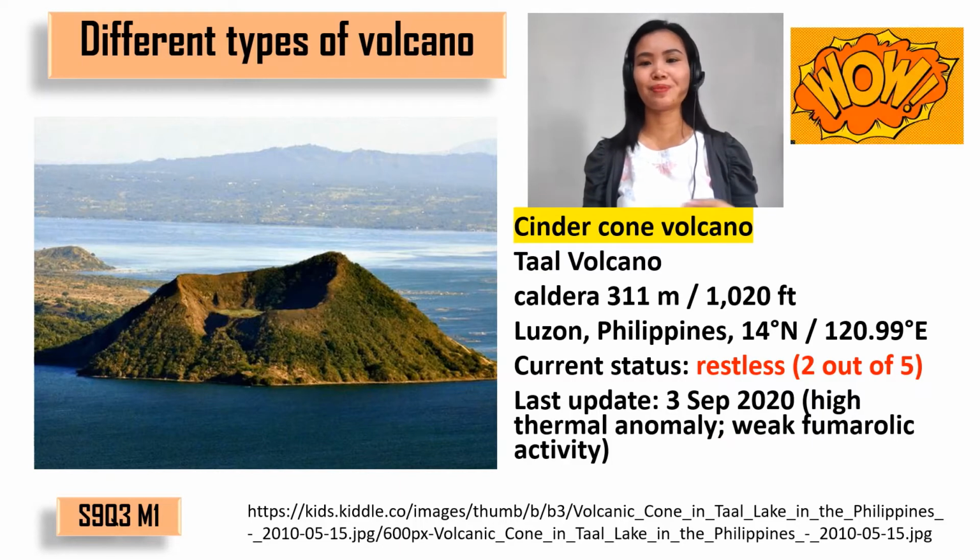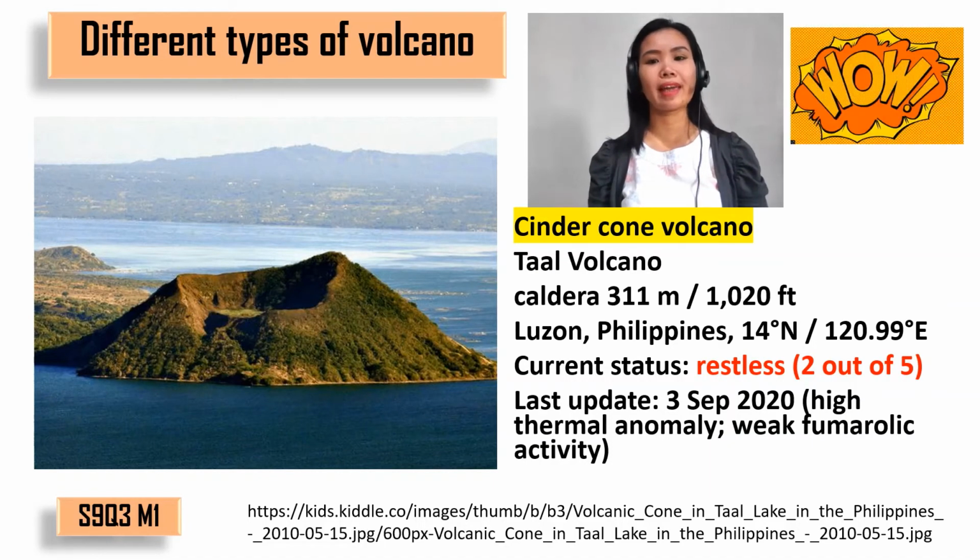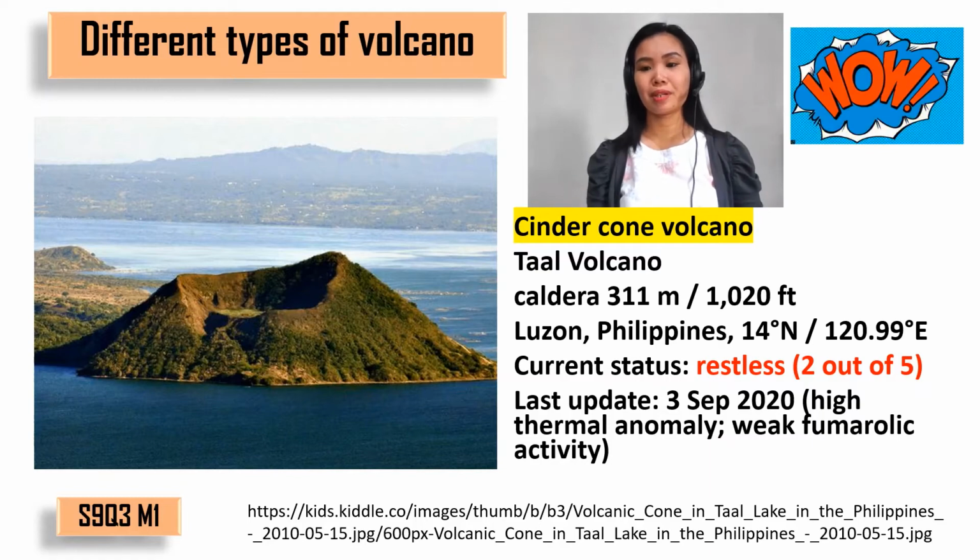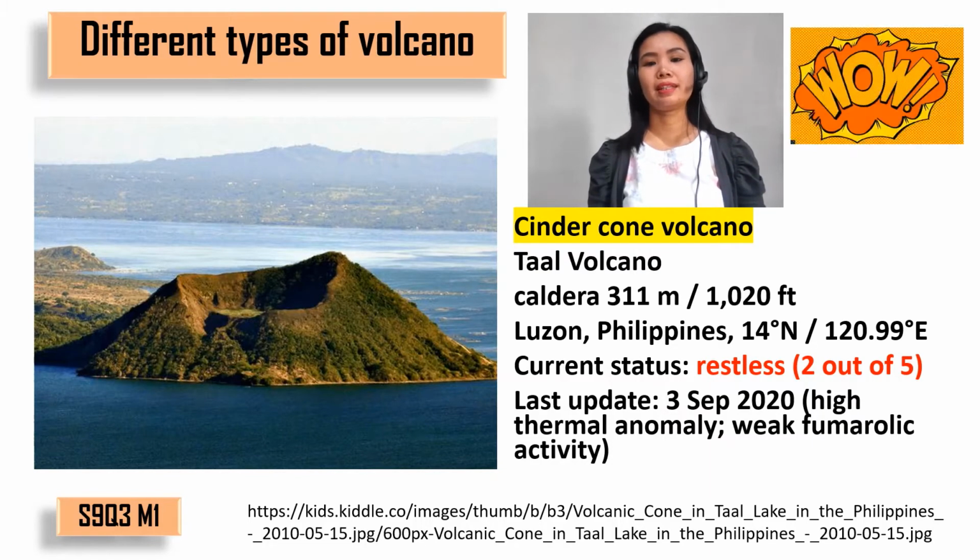What is this fumarolic activity? It is from the word fumarole, a hole in a volcanic area from which hot smoke and gases escape. As we can remember, it is one of the most active volcanoes here in the Philippines.